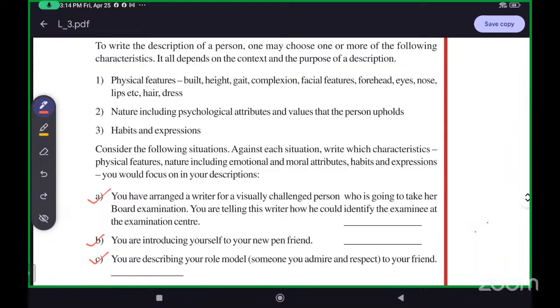Done, ma'am. Ma'am, this is so hard, ma'am. Think about it a little. You'll be able to do it. Just imagine talking to a real person. How would you describe it then?